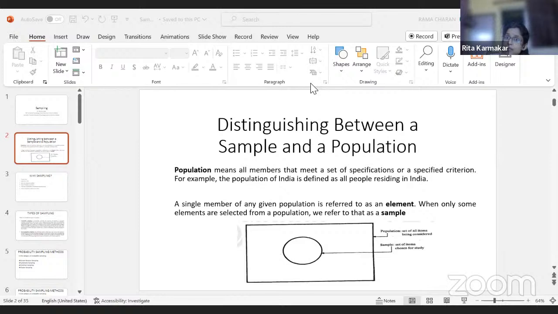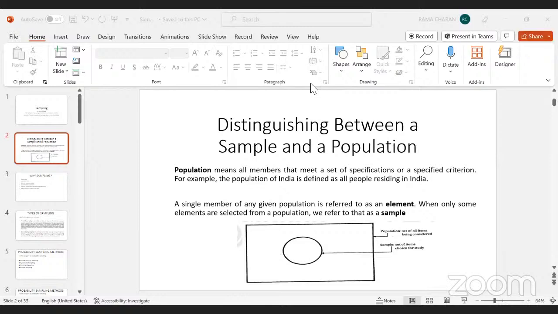If we start dealing with the whole population, will any one of us be able to complete our research work? No, ma'am. So it is impossible.